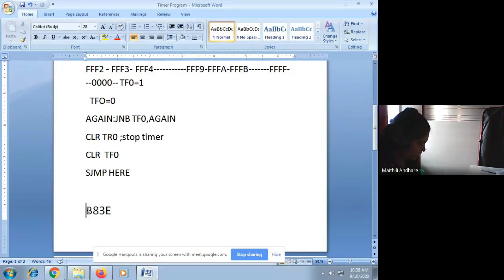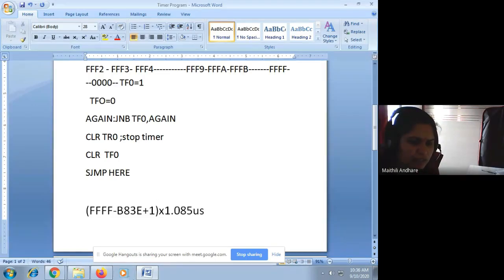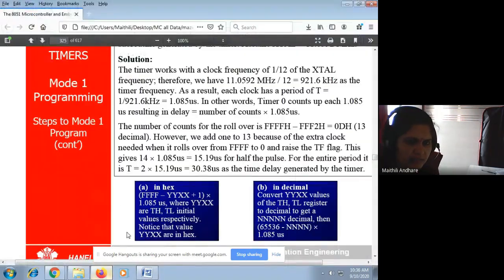So what you have to do is subtract this from FFFF, plus 1, whatever value you get, into 1.085 microsecond.